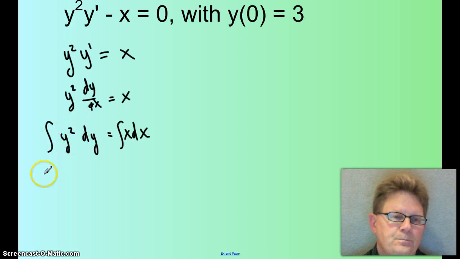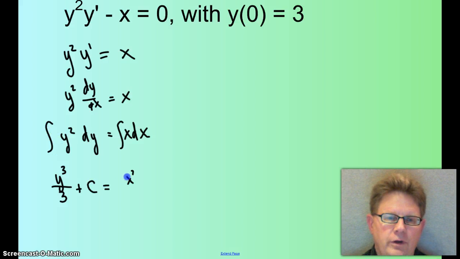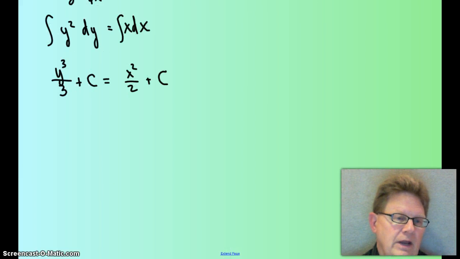That would be y cubed over 3 plus some constant, because this is an indefinite integral, equals x squared over 2 plus another separate random constant.